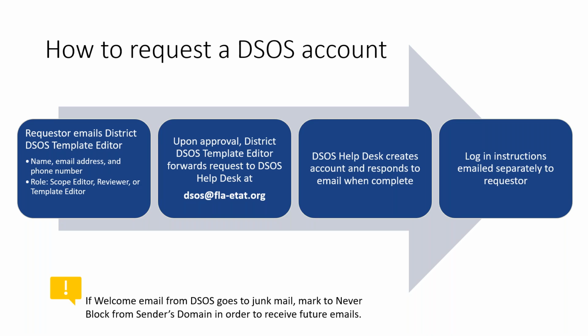We're calling them the District Design Scope of Service Template Editor. Send them an email with your name, email address, phone number, and what level of access you want. It's either a scope editor, a reviewer, or a template editor. And I'm going to explain those levels in a few minutes.